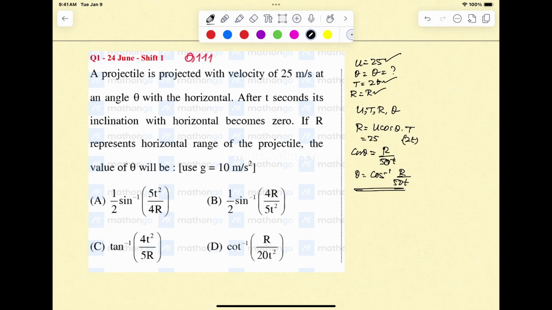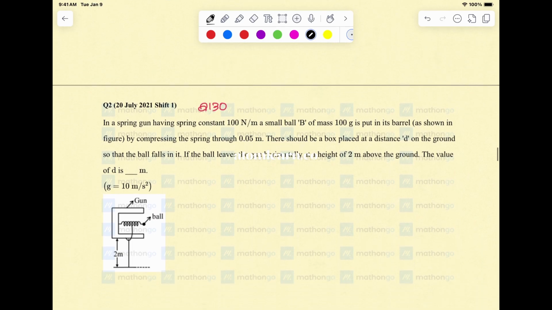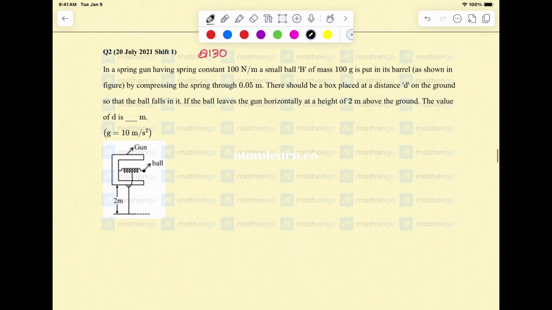Let's go to the next question. In a spring gun having spring constant 100 Newton per meter, a small ball B of mass 100 grams is put in its barrel as shown in the figure by compressing the spring through 0.05 meter.